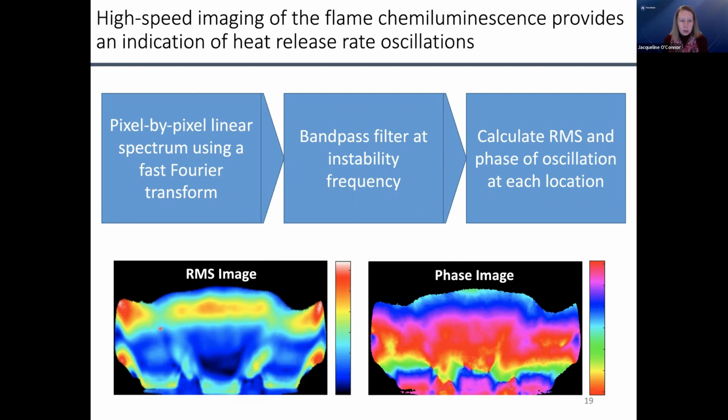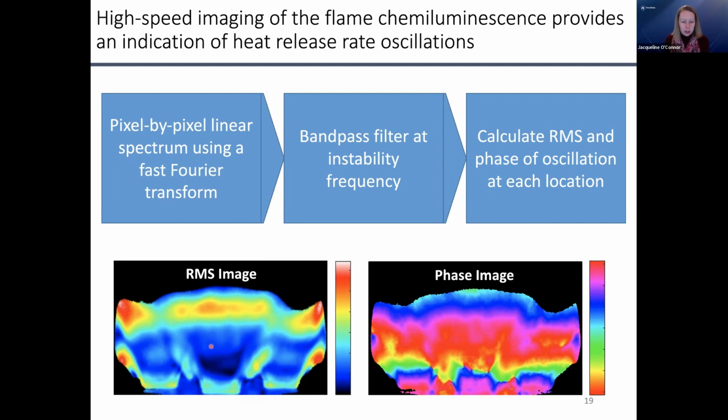On a pixel by pixel basis, we take a linear spectrum using a fast Fourier transform. And then at the instability frequency, which is really evident by either standing in the room or measuring the pressure inside the combustor, we can pull out the data at that instability frequency, and we can plot the RMS of chemiluminescence and the phase of chemiluminescence at that frequency at each location.